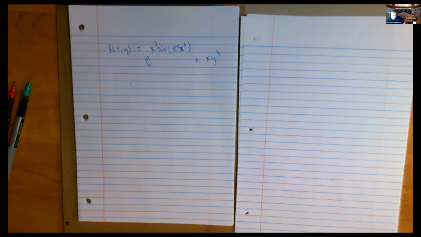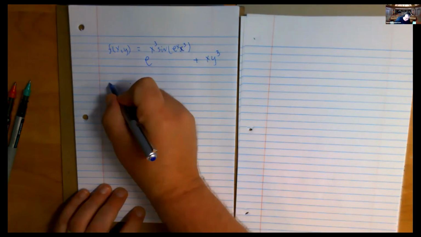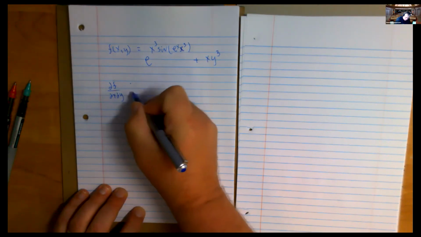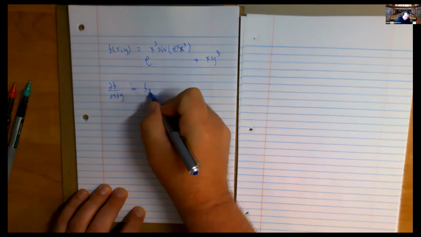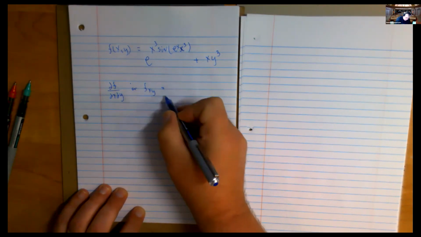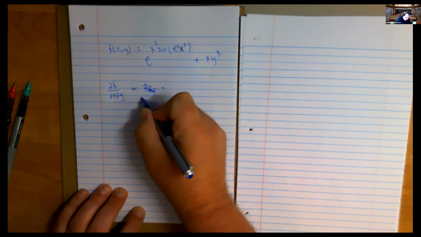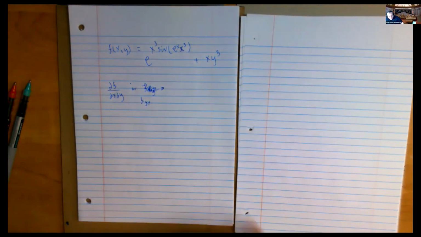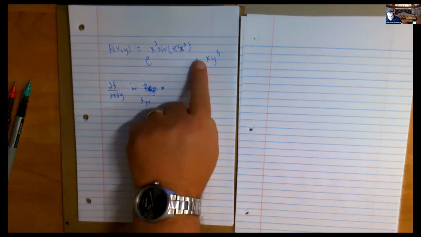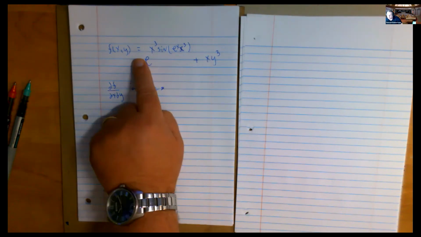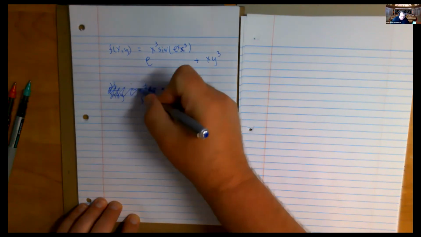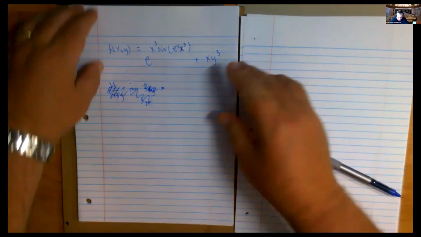If I asked you to find this partial derivative, or I might write it down like that, it's the same thing. Well, technically, I should write it like that. If I asked you to find that second partial derivative, and you decided to do one with x and one with y, right? So we know that Clairaut, this is a mess. Let me get this out of the way. Let's just do it as if I hadn't written it.